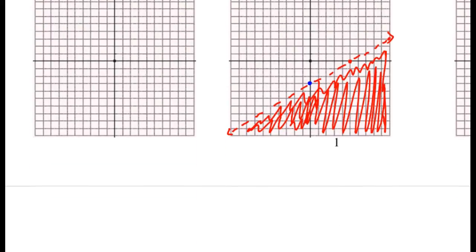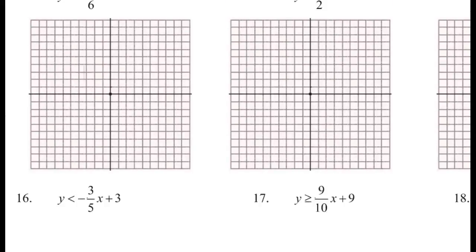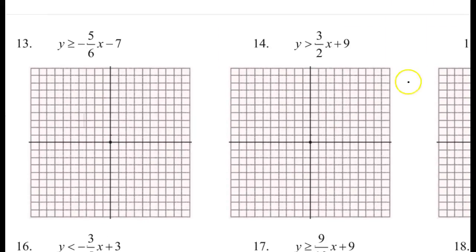Let's continue on to the back in the middle. So the slope is 3 over 2. Up 3, right 2.